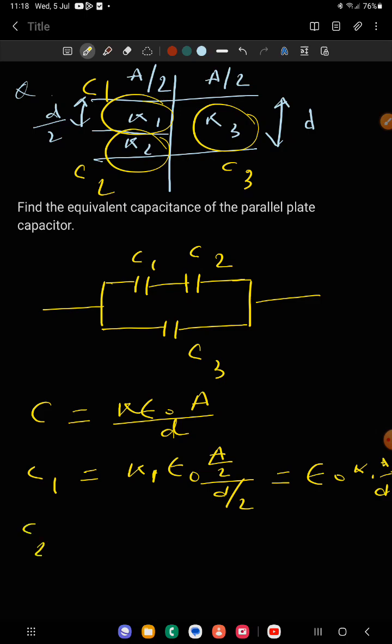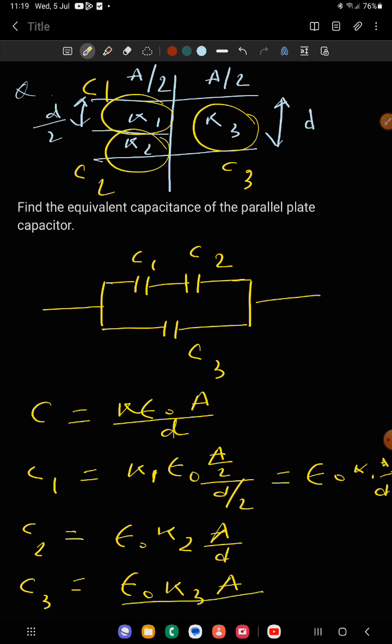Similarly, C2 equals epsilon naught K2 A by d, and C3 must be equal to epsilon naught K3 A divided by 2d.